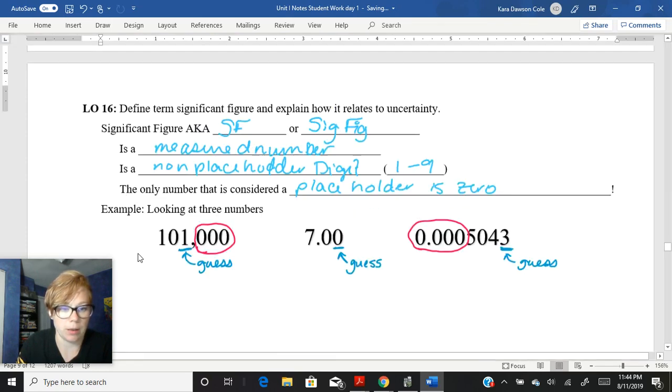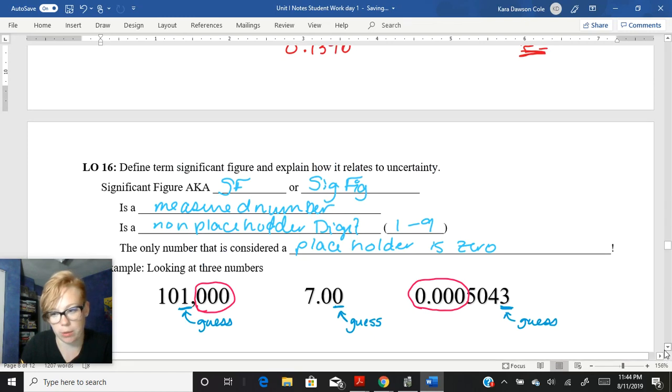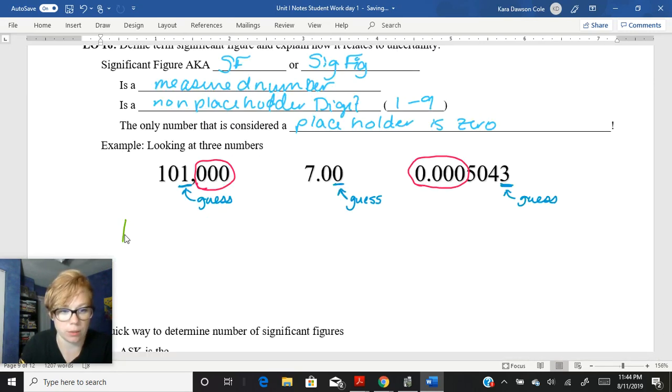So if I put a box around the lowest tick mark, my lowest tick mark for this guy would be right here, but I would also have a tick mark there. And my lowest tick mark for this guy would be right here, and for this guy would be right here.